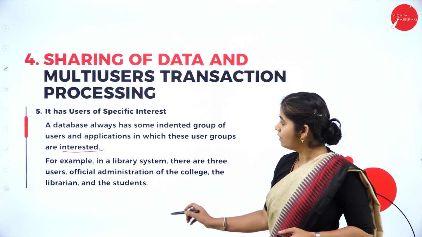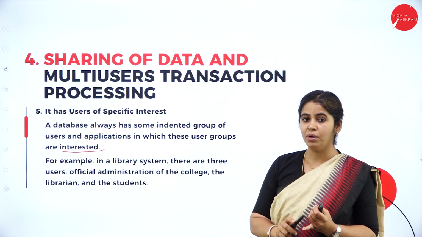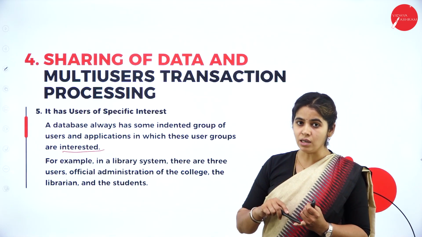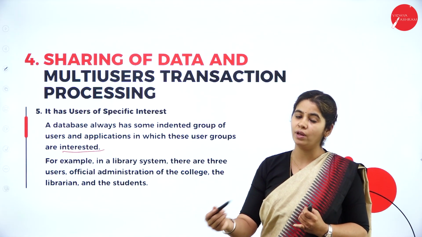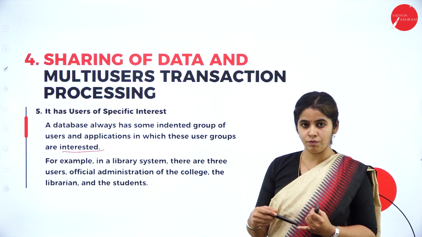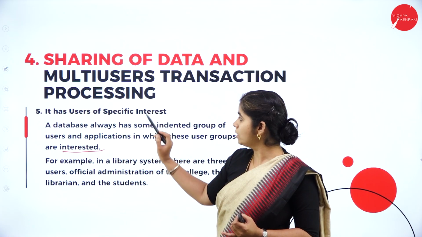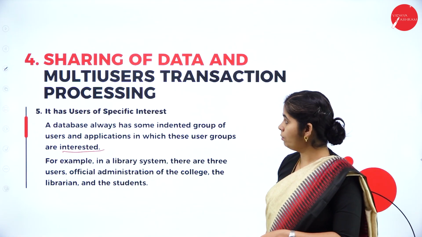These all are user groups with the same interest. Who is a librarian? The librarian has to maintain the library. The student who is interested to read something will go to the library and fetch the book or information from the library. So only those interested users can use the database.